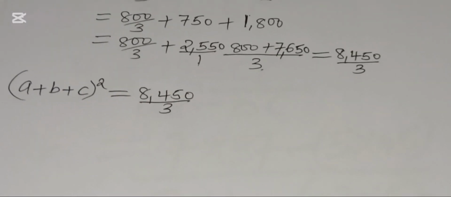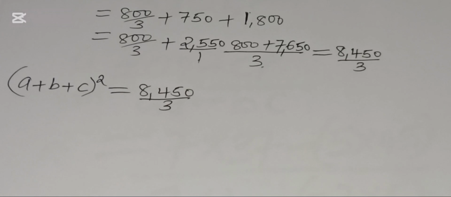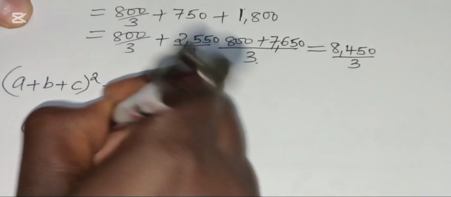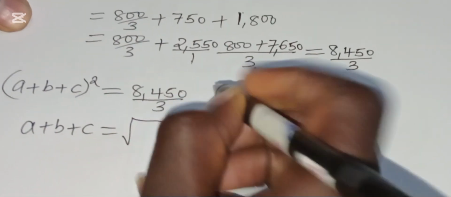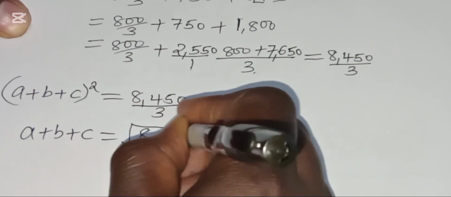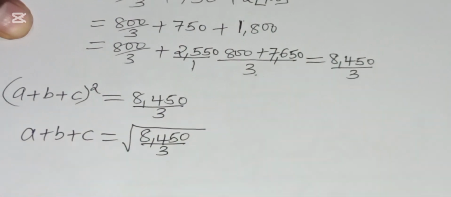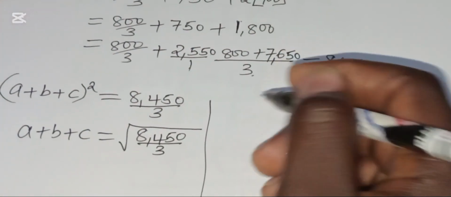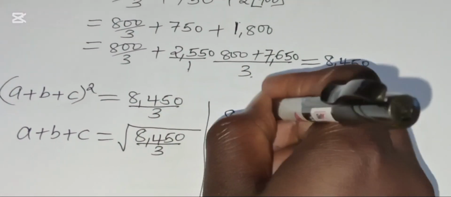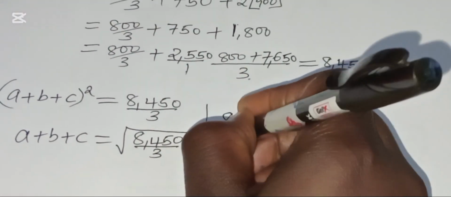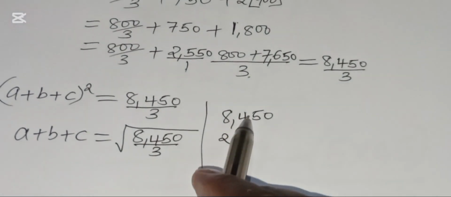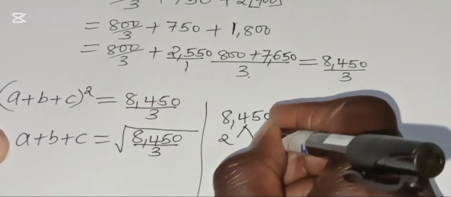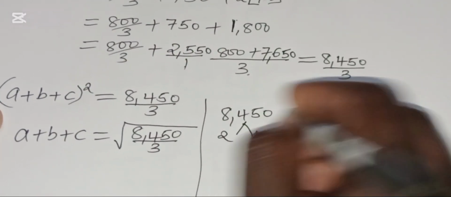Now for us to determine the value of a plus b plus c, we are going to get the square root of 8450 divided by 3. Now from here, we can get the factors of 8450 as follows. If you say 8450 divided by 2, we are going to have 4225.